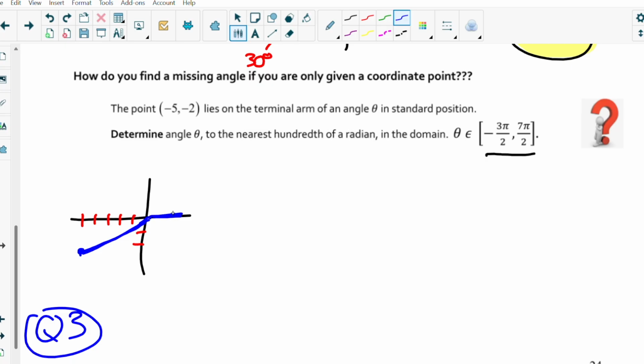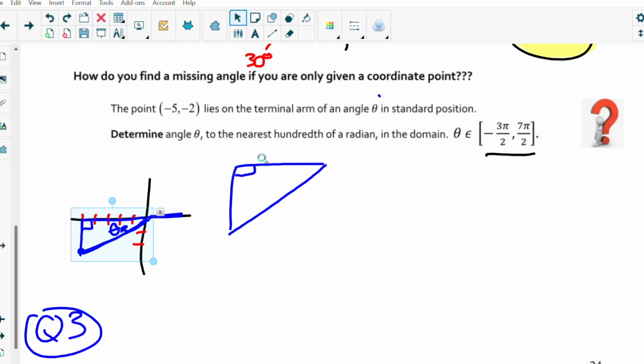Okay, what is this angle in standard position? We're asking for this value, right? But before we do that, let's find this reference angle right here. So let's draw our triangle. Here's theta r. Okay, if I pull this triangle out, what does it look like? Here's theta r.